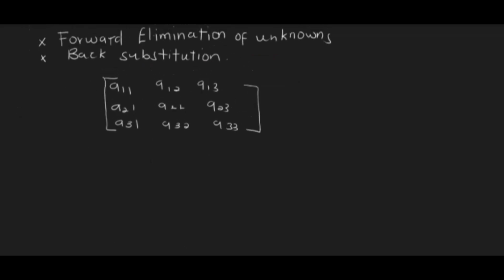So our aim of the forward elimination of unknowns is to end up with a triangular matrix, which is an upper triangular matrix.